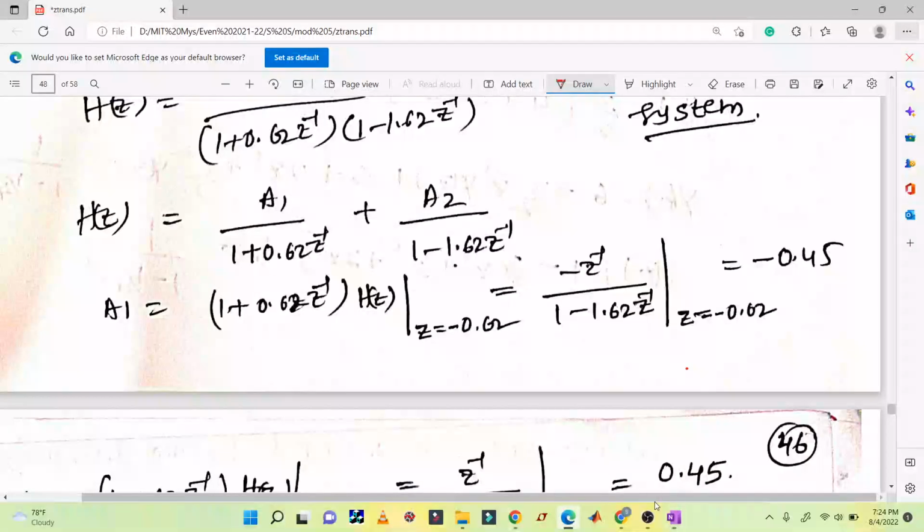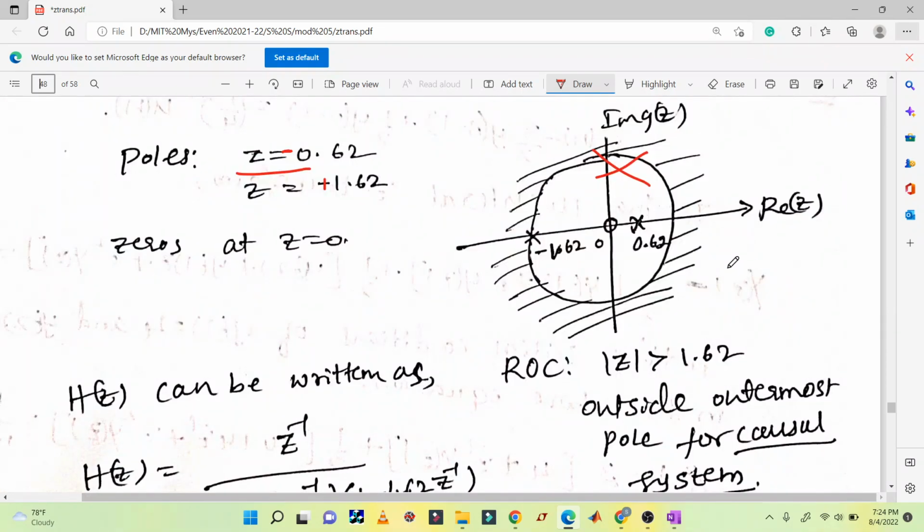And for those who have joined just now, see here this ROC whatever I have given is wrong, because here the pole should be minus and here it should be plus, and it will become minus 0.62 and plus 1.62.